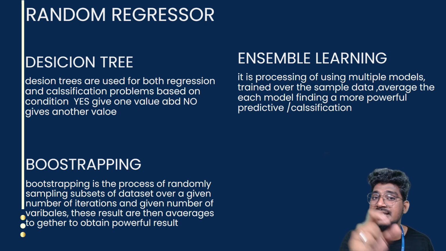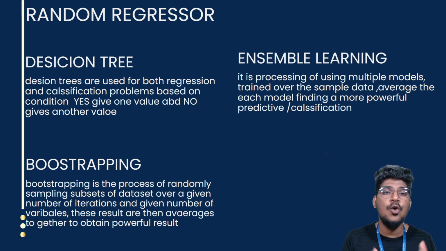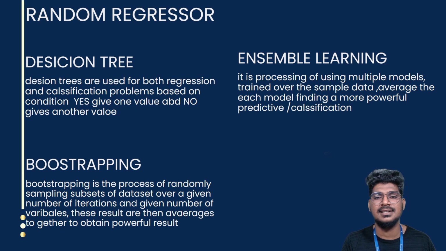That is nothing but ensemble learning. We use multiple models to train over the whole sample data set, and take the average of each and every model to find a more powerful prediction and classification. Hope you guys understood it.